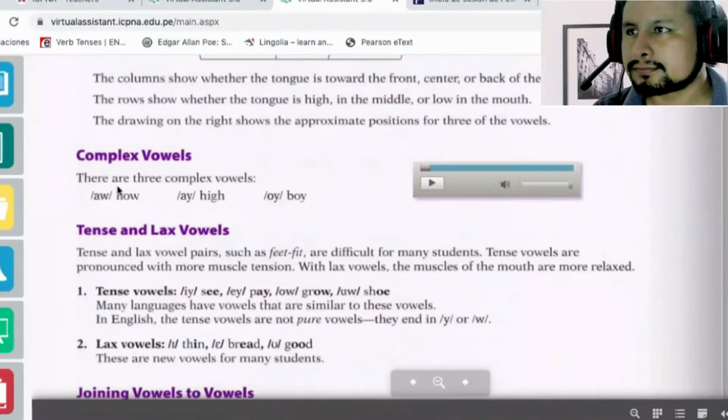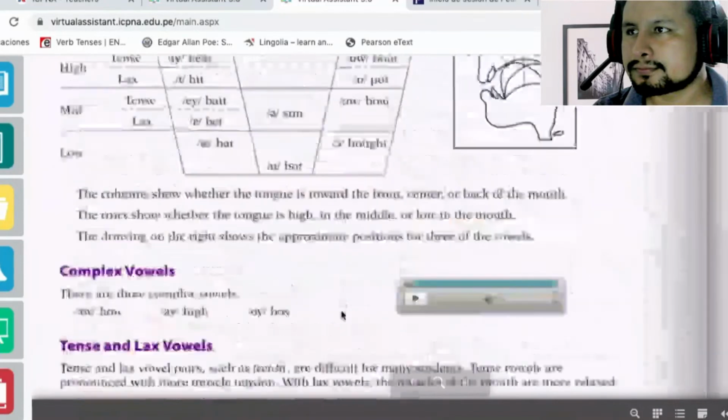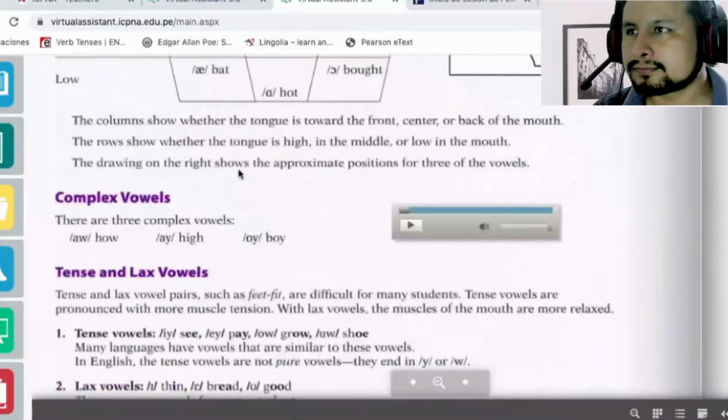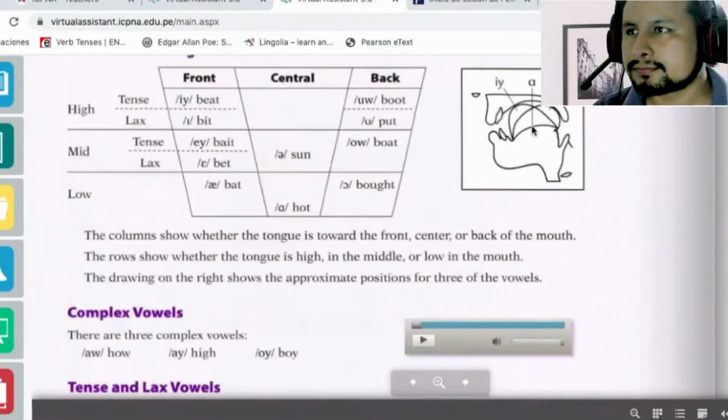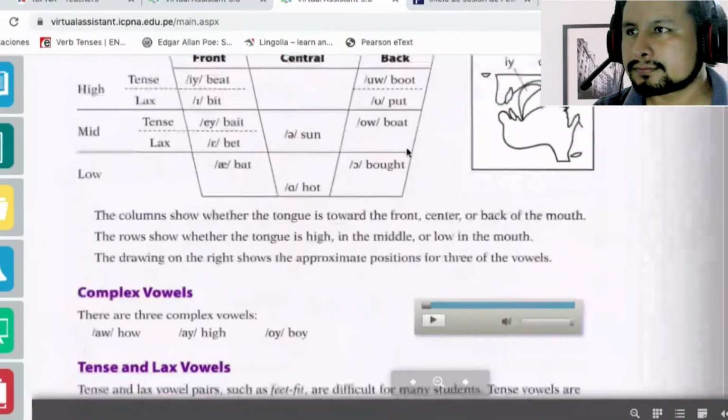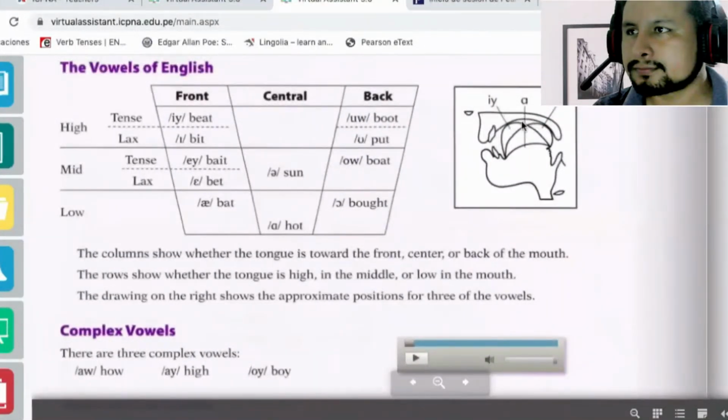Okay, and here you have the 3 complex vowels. So if we add this 11 to this 3, we have 14. Okay, and why are vowel sounds in English so important? Because as I said before, if you change one sound in English, especially if it's a vowel sound, you're changing the meaning of the word.